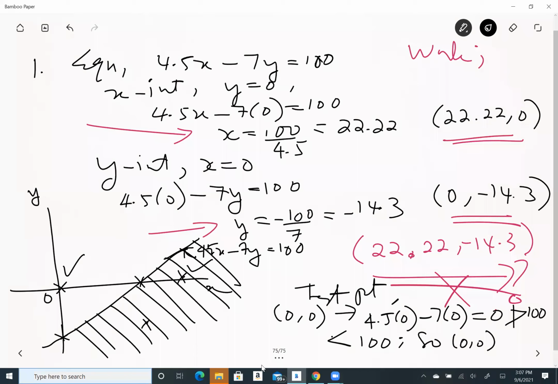Now, question number 2. I want you to show the work, because some people just give me the answer. How come you get the answer straight away? For example, y equals 5x to the power of negative 3.6 minus 2x to the power of 4 plus 8.